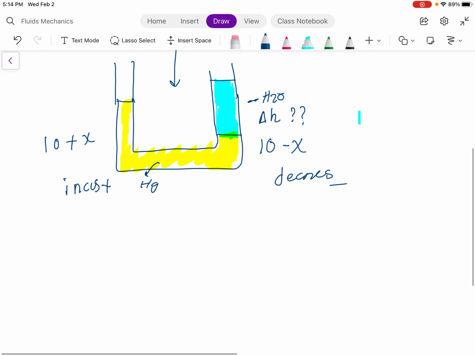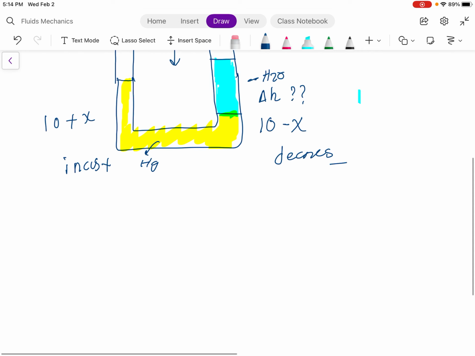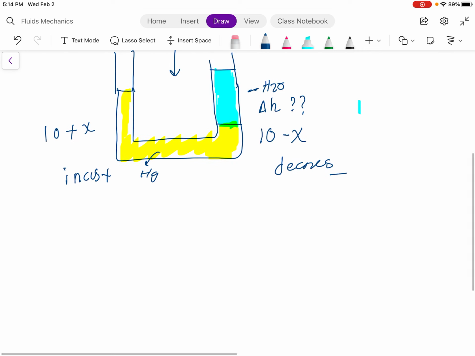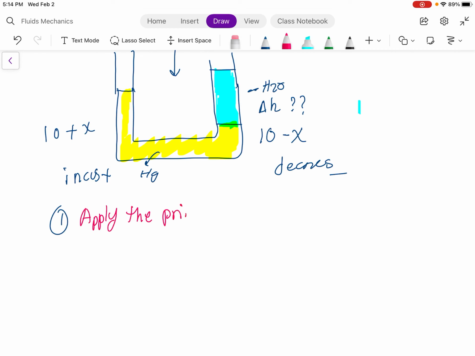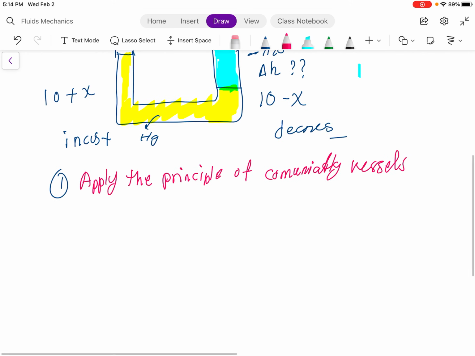So what we can do in this situation is first apply the principle of communicating vessels.